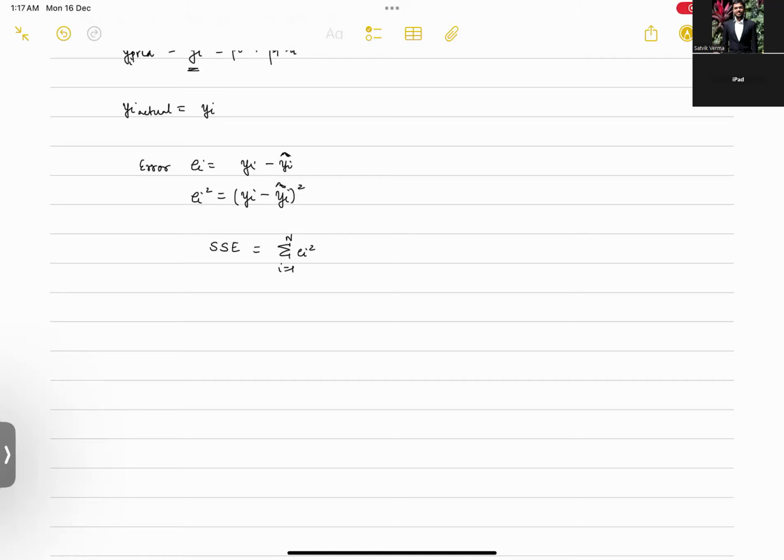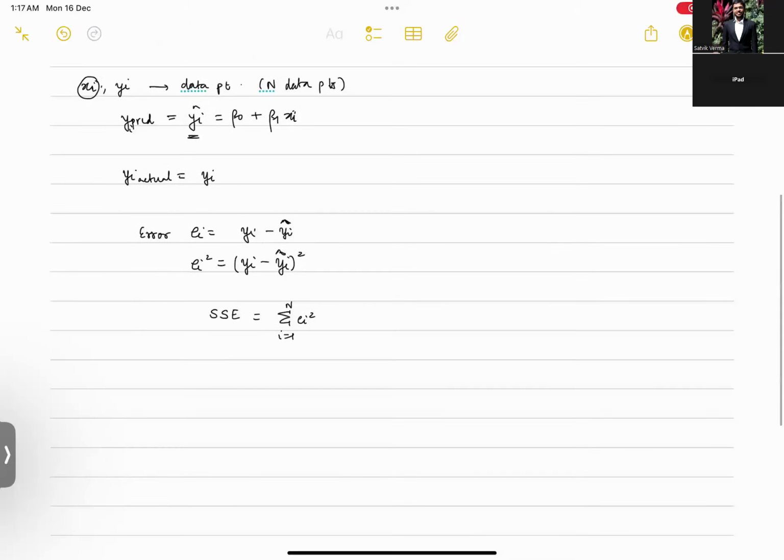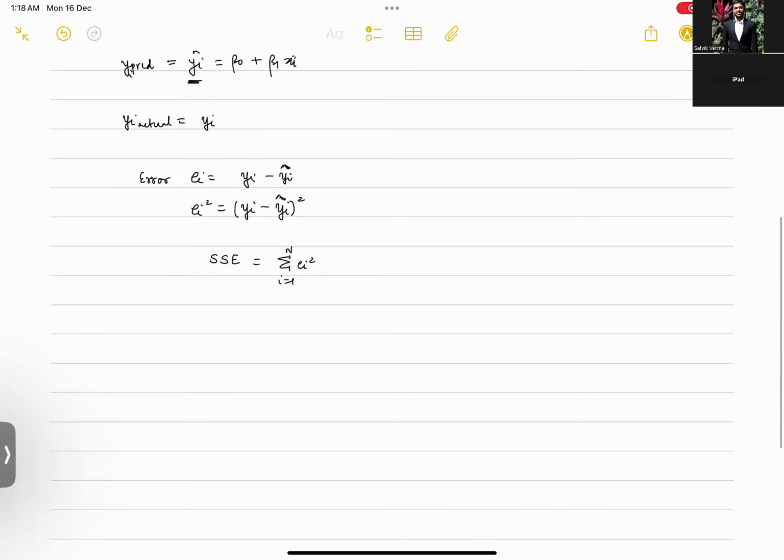And naturally, we want this model to predict the actual values as well as possible. And therefore, we would want this sum of squared errors to be as low as possible. So we would want to minimize this. We want to minimize this, right? And how do we minimize this?